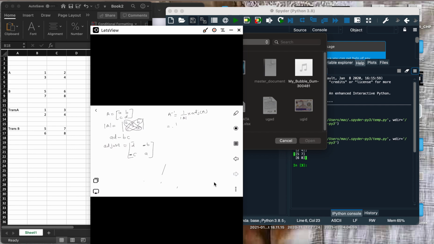So this is equal to 1 over AD minus BC times D, minus B, minus C, and then A. So the whole thing becomes D all over AD minus BC, minus B all over AD minus BC, minus C all over AD minus BC, and then A all over AD minus BC. And that gives us the inverse of matrix A, whose components are A, B, C, D.